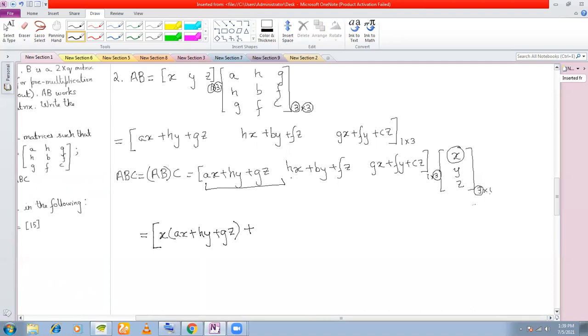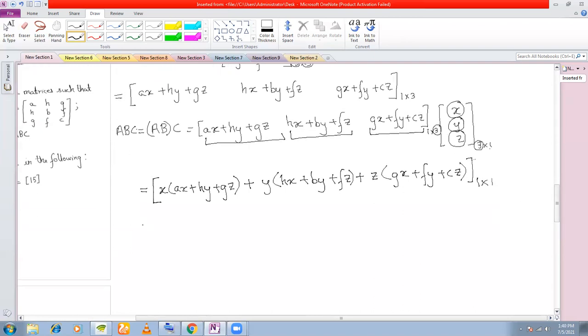And then plus this into this, Y into HX plus BY plus FZ, and then plus this into this, Z into GX plus FY plus CZ. Okay, so this is a 1 by 1 matrix, isn't it? Only one row and one column. Now you can get it.